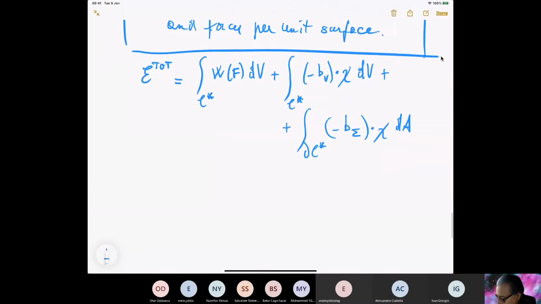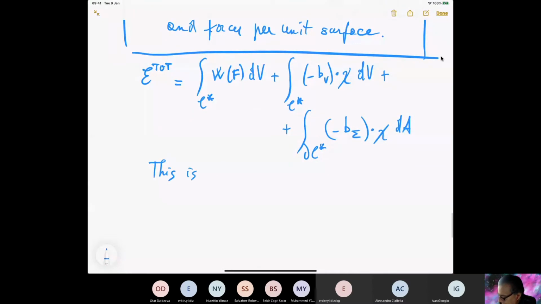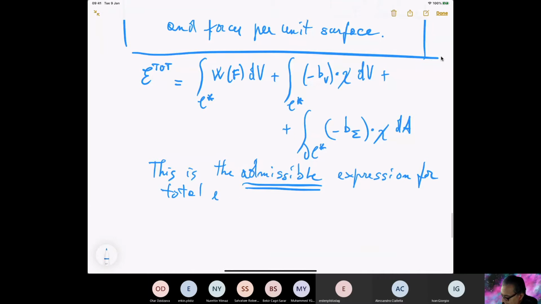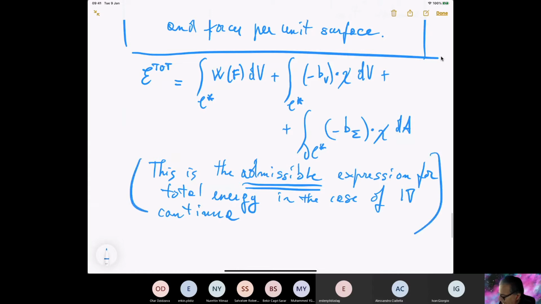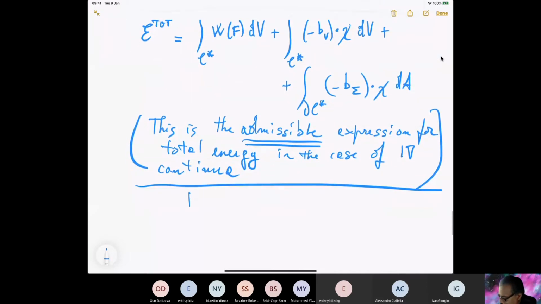This is the admissible expression for total energy in the case of first gradient continua. And you find these words clearly written in Piola's works in 1848, for instance.